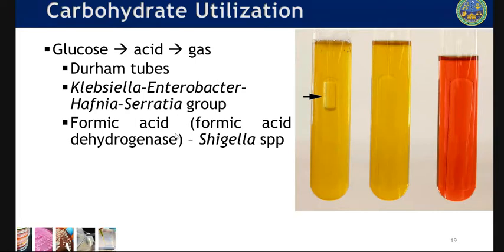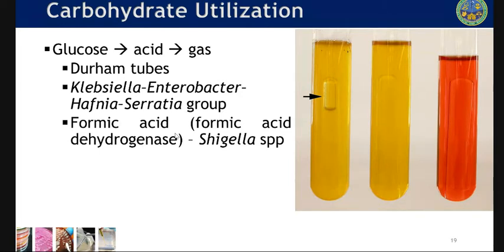So the first tube on your left would be acid production with gas production, while the middle tube would be acid production only without gas production. These are common among species under Klebsiella, Enterobacter, Hafnia, and Serratia.